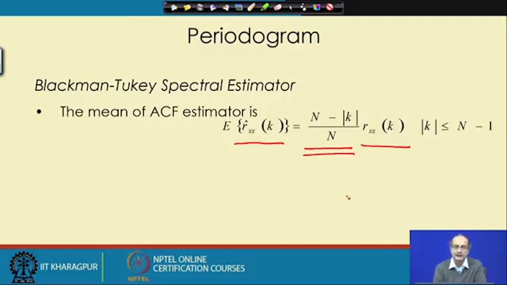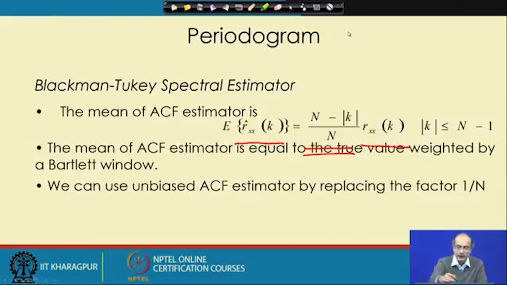So, there is a bias also present. By taking the expectation, we are not getting the true value. At best we can say the mean of the ACF estimator equals the true value weighted by a Bartlett window. That is the maximum positive we can say.